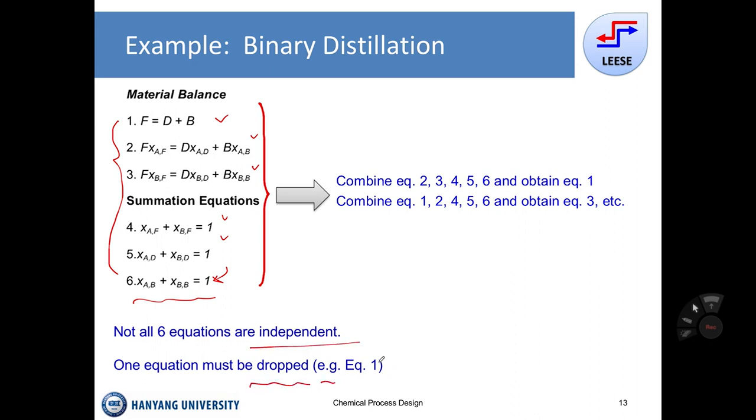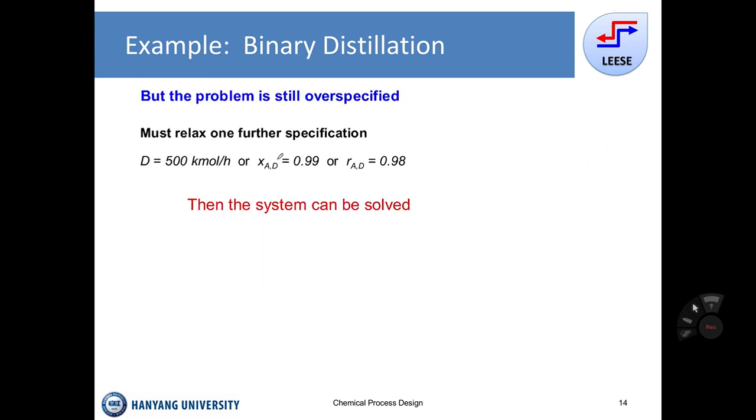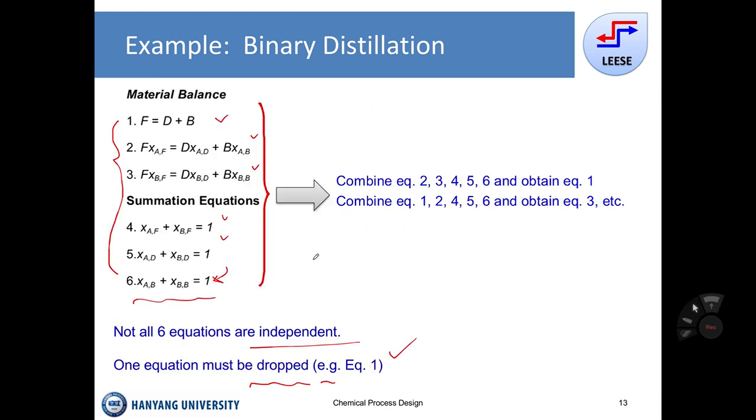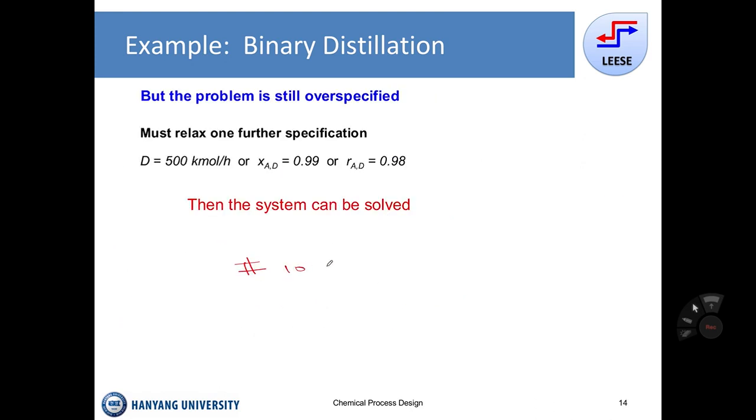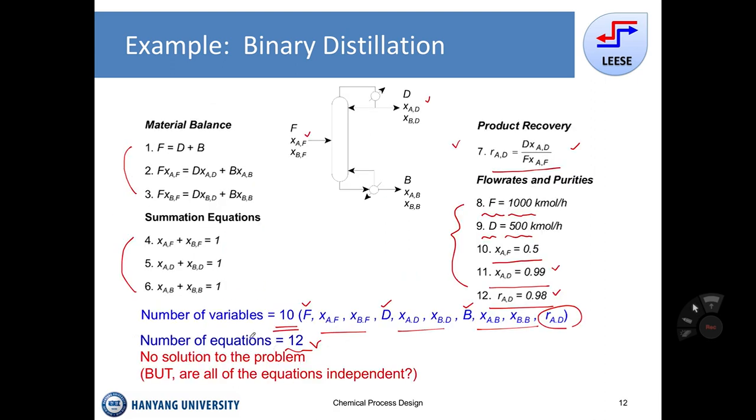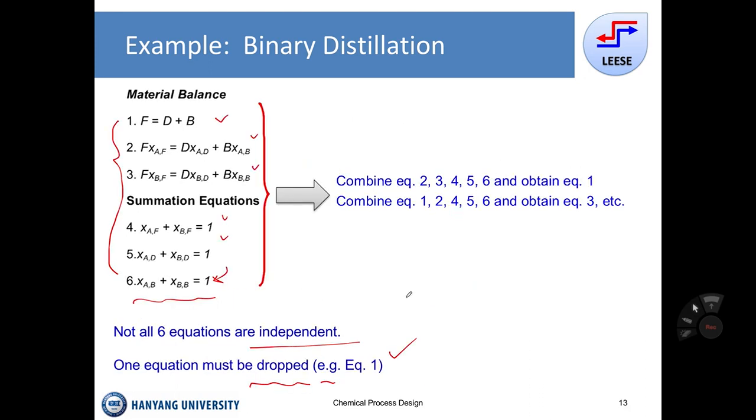So 5 equations are independent and one equation is dependent, so we need to take one equation out. We have 10 variables. Then the number of equations is 12, but we have to take 1 out.